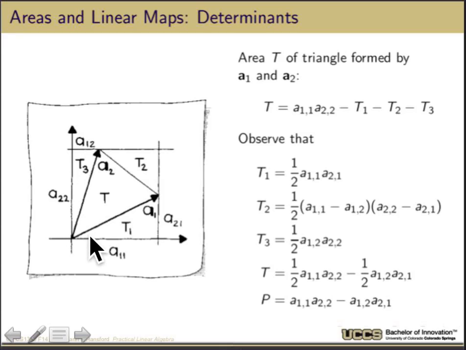That's because I'm really looking at the rectangle and recognizing the triangle is only half of it. I'm looking at each of those rectangles, and the triangle bisects it, and that gives me all of these formulas. So overall, since P was 2 times T, it's A11 times A22 minus A21 times A12. So that gives us the overall area after projection.